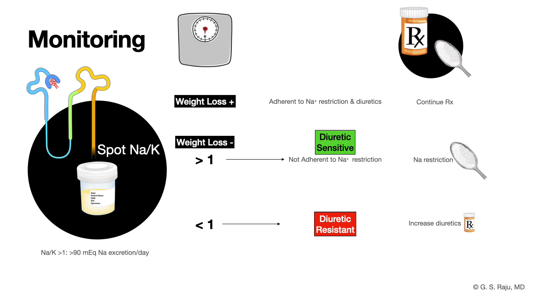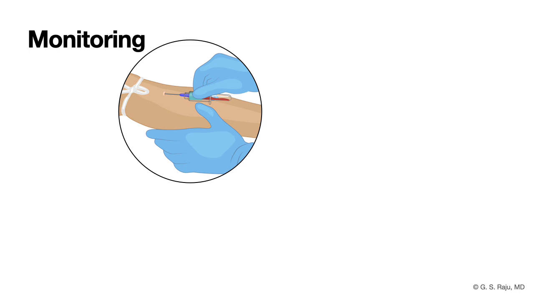And when we talked about the dose increases of spironolactone and furosemide, while you're doing this, you're monitoring the impact of therapy. You also need to monitor if the patient is developing side effects. So periodically, you need to do labs to check the electrolytes and also kidney function with a BUN and creatinine.